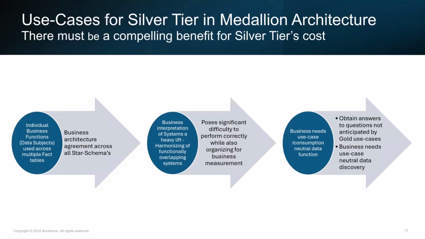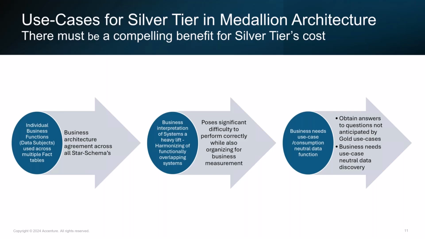Now, an architect always ensures the solution recommended is what's truly needed by the client. Medallion architecture is a very expensive undertaking. The benefit of the system must answer specific business needs to justify its high cost, and the conditions that drive it must be present for it to have value.